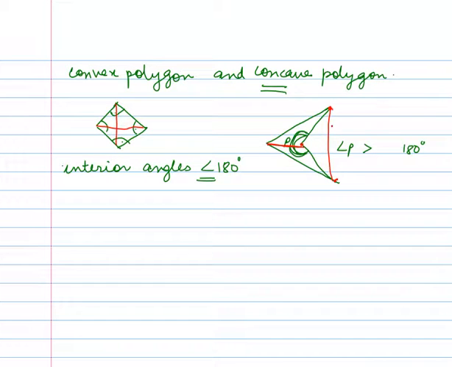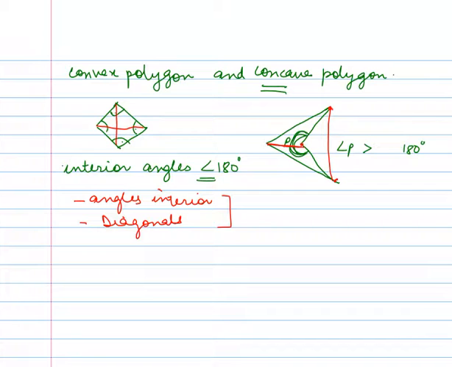So if any of the diagonals is lying outside the polygon, then it is a concave polygon, right? So we can look at the interior angles of the polygon, or we can look at the diagonals to find out whether a polygon is a convex or a concave polygon.